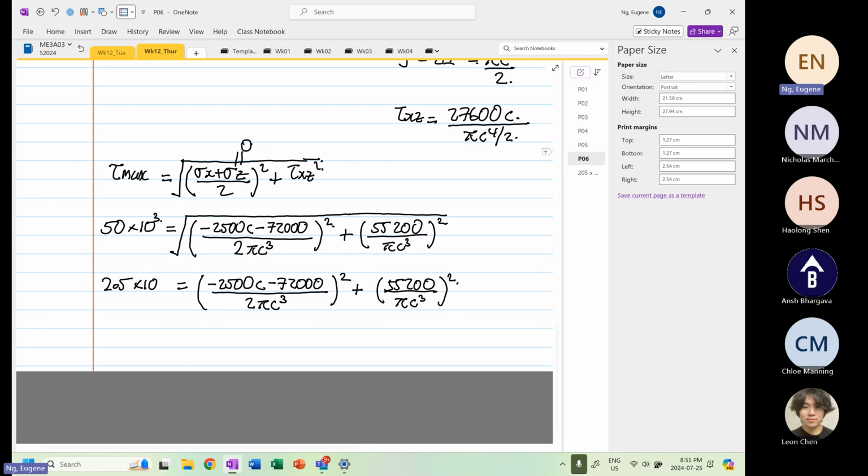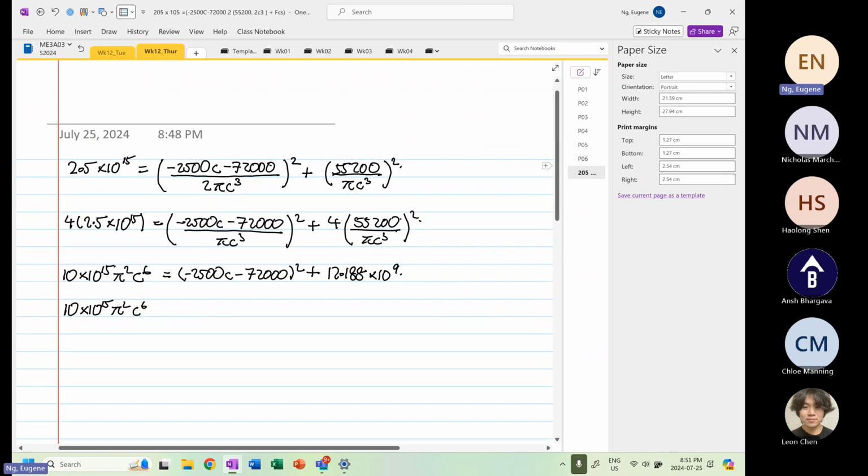So 50 power 3 squared is equal to 2.5 times 10 to the power 9. Okay, my bad. So 2.5 times 10 to the power 9, times 4 is equal to 10 times 10 to the power 9. That's more like it.